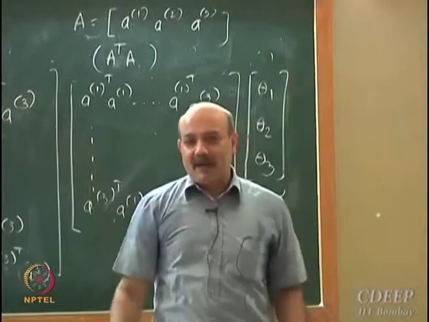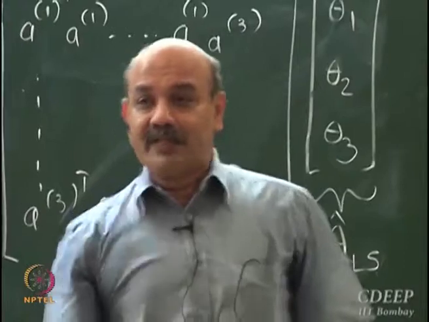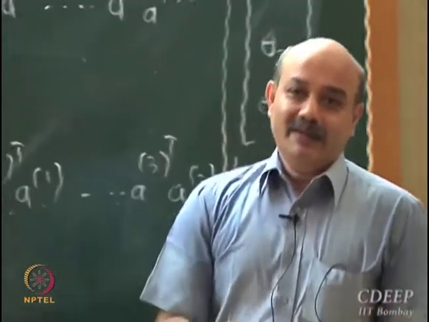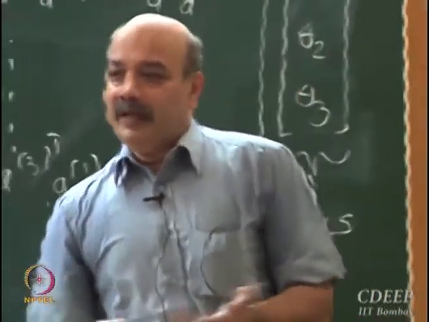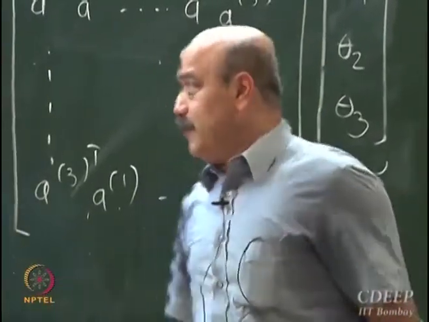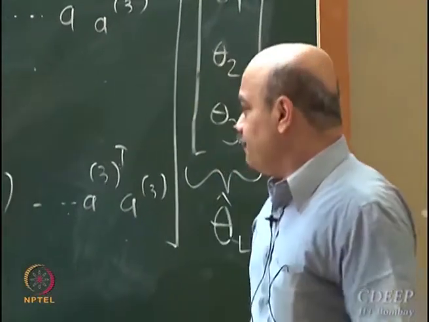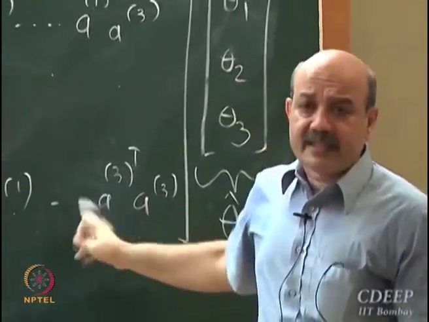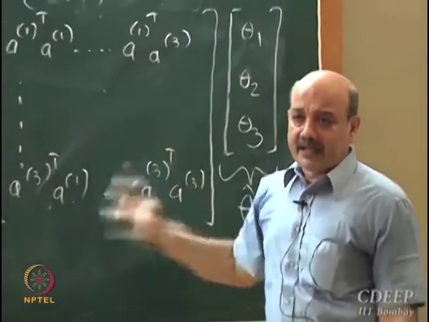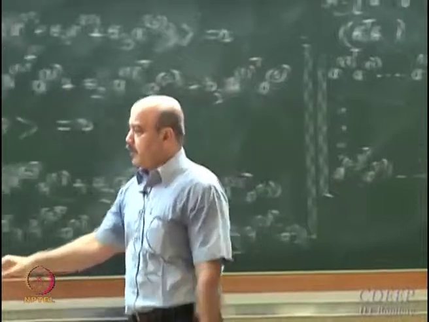This matrix which we study in linear algebra does appear in a very practical application, when we are trying to fit a curve or a function to some data. So this particular result, A transpose A times theta least square is equal to A transpose u.